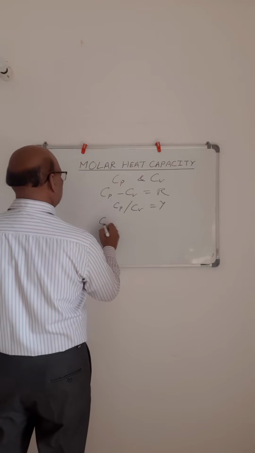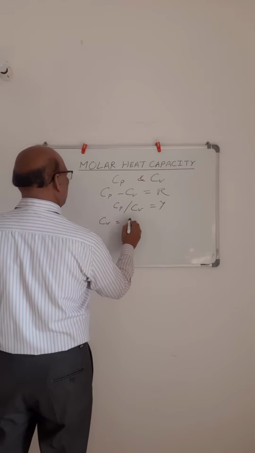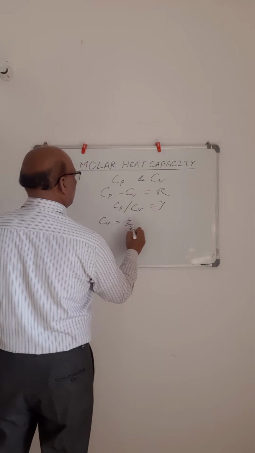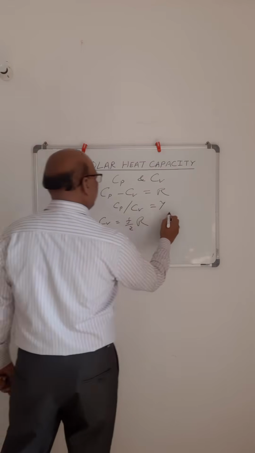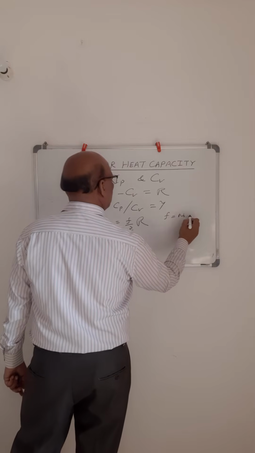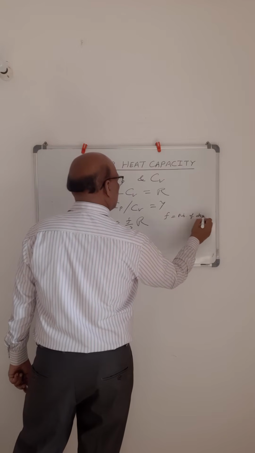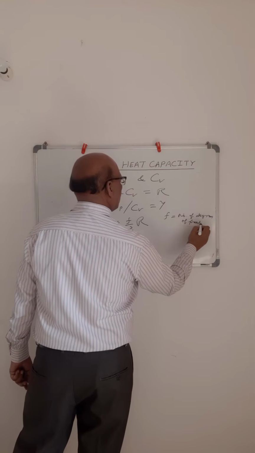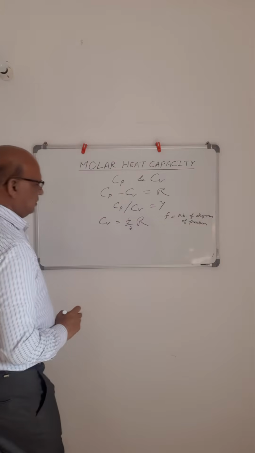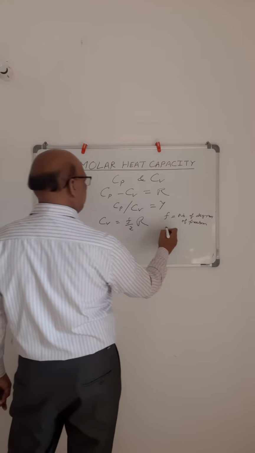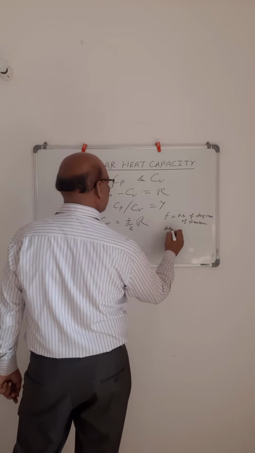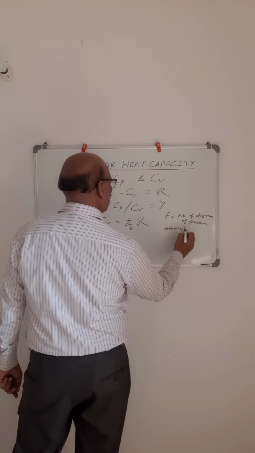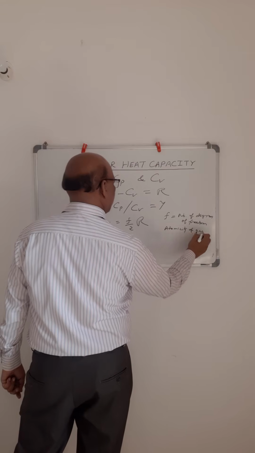And we know that Cv is equal to F by 2 R, where F is the number of degrees of freedom for the gas taken, and this value of F depends on the atomicity of the gas.